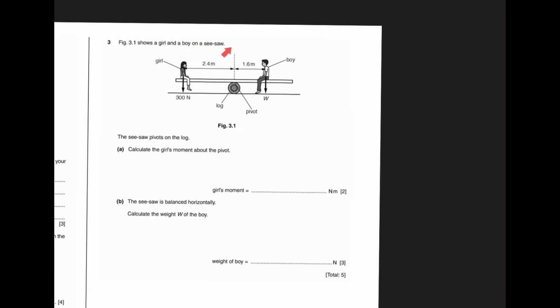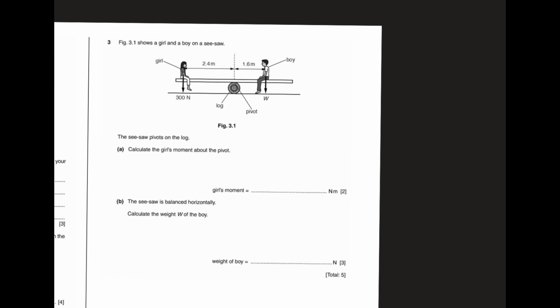Figure 3.1 shows a girl and a boy on a seesaw. You see the boy is 1.6 meter from the pivot. The girl is 2.4 meter from the pivot. We know the weight of the girl is 300 Newton, but the weight of the boy is unknown. The seesaw pivots on the log. Calculate the girl's moment about the pivot.